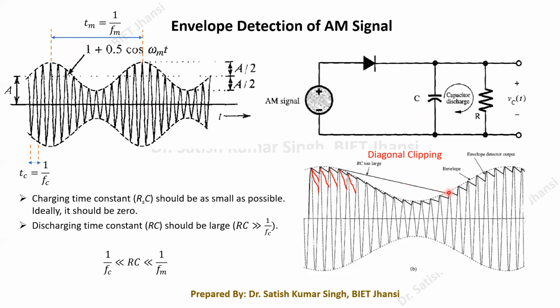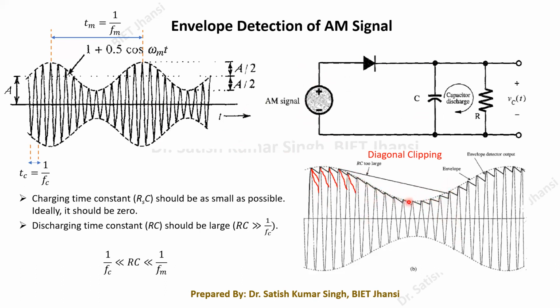So at this point it is able to follow, up to this point. Again the next cycle will come, it will start discharging very slowly. Whenever this type of profile occurs in the input carrier signal, this part will be skipped.